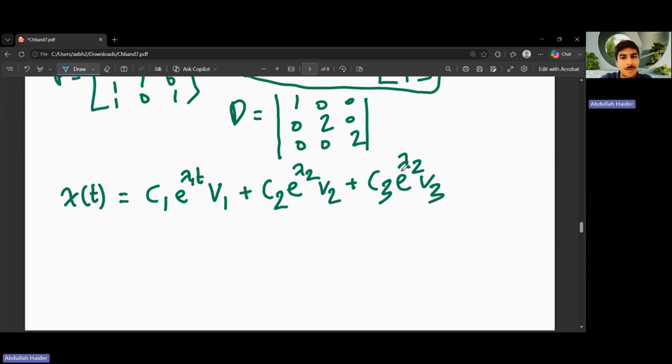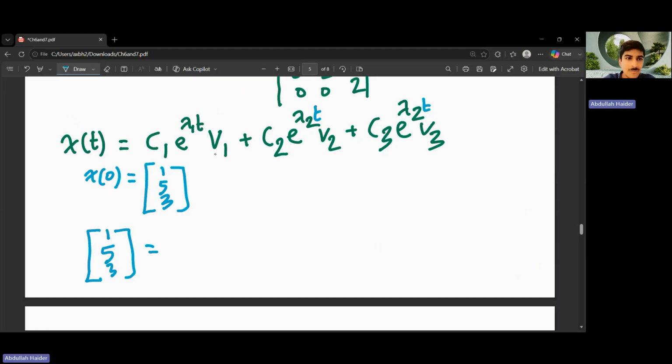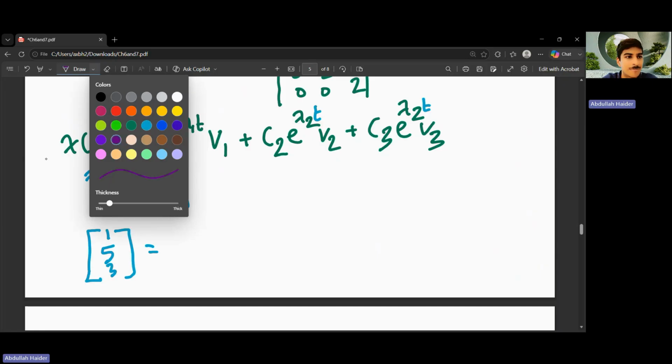Now we substitute. Our initial condition was x(0) = (1, 5, 3). Let me first write the whole thing properly.